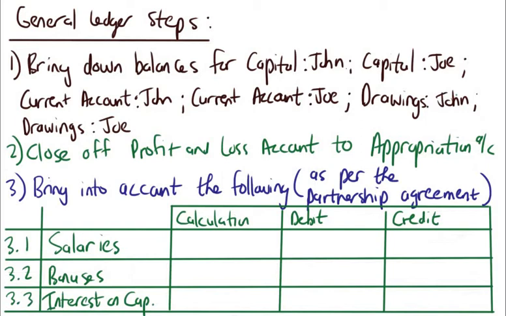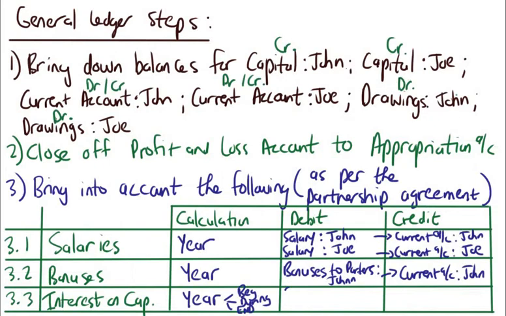And at the end of the financial year, we bring that into account over here. So please just take note of that. Whether it's bonuses or whatever, during the financial year, it goes into the drawings account of that partner. And at the end of the financial year, the accounts will basically cancel out. So for example, you might have drawings of 120,000, but the salary account will then increase with 120,000, so that will cancel it out.